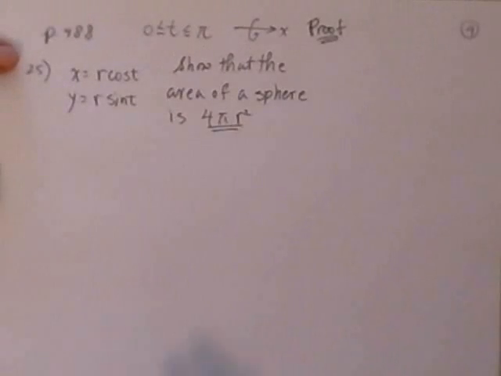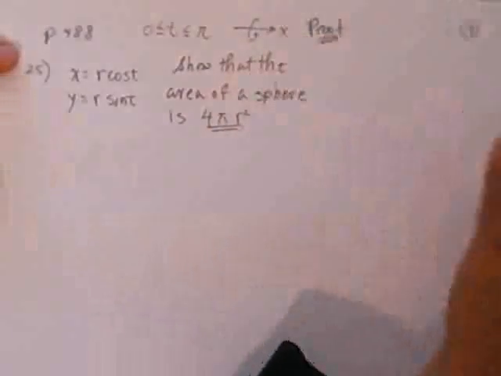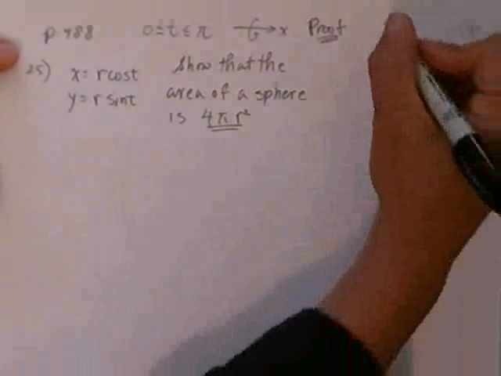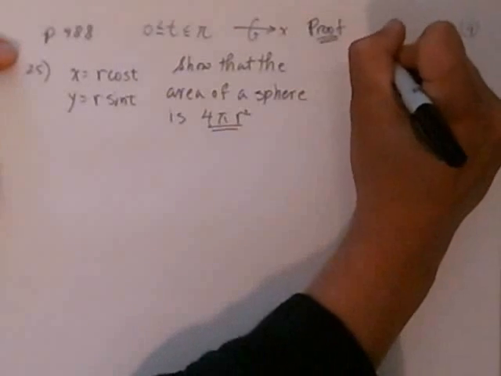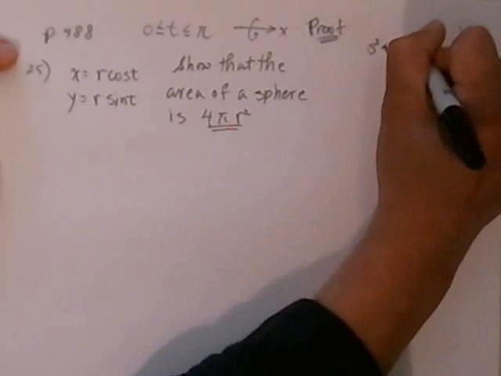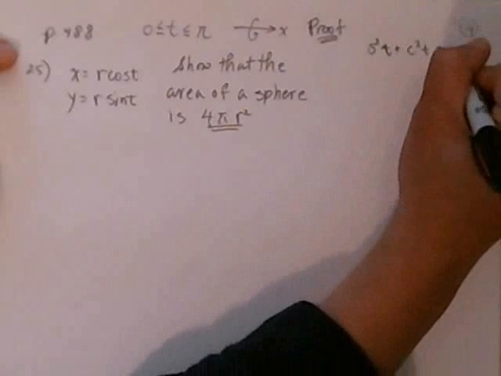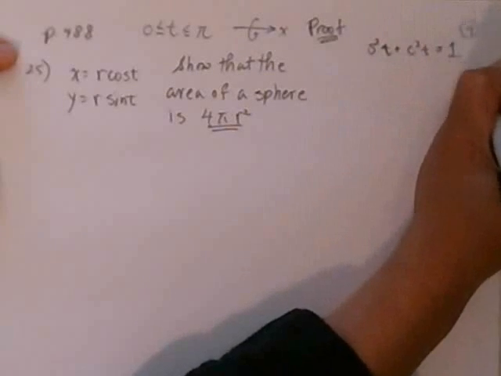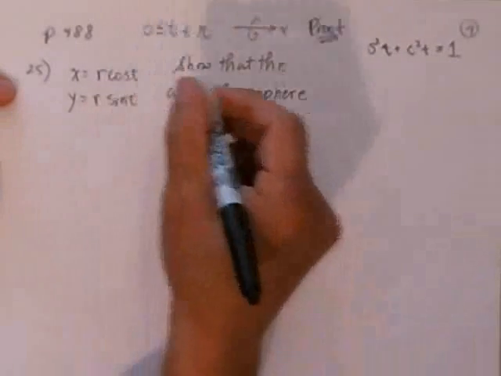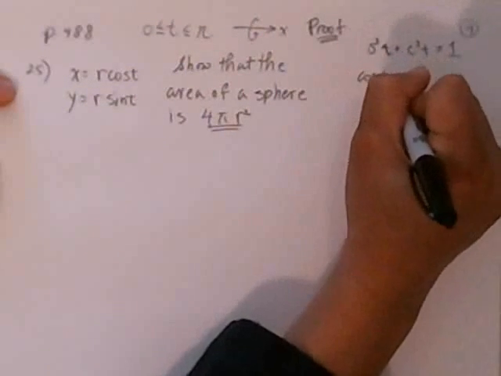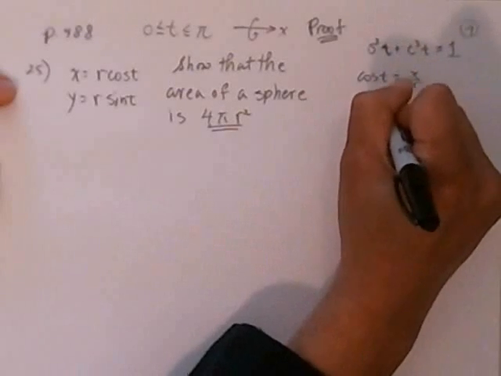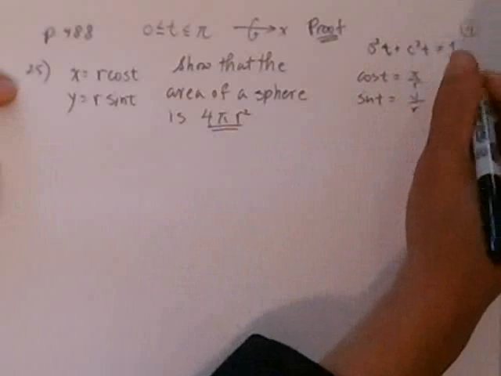So let's get started. Before we start though, how do we know that this is the equation of a circle? We know that sine squared of t plus cosine squared of t, the Pythagorean theorem in trigonometric form, is always equal to 1. Solving for cosine of t is equal to x over r, sine of t is equal to y over r.